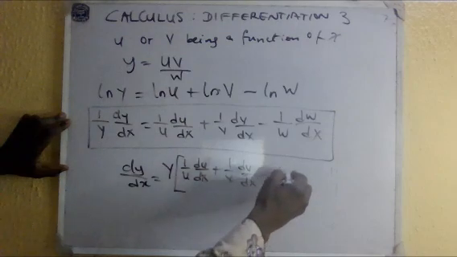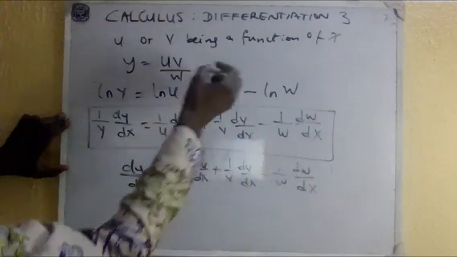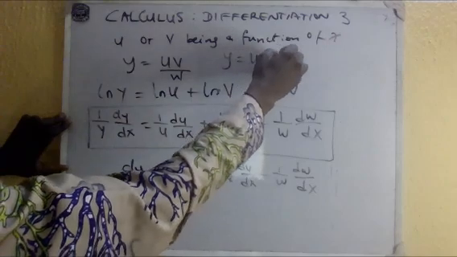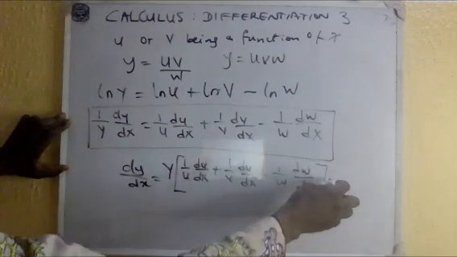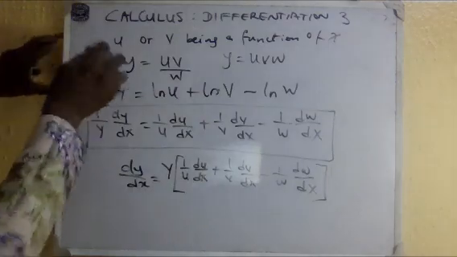This will change if it was y is equals to uvw, all functions of x. This will now become plus. So this is what it will look like. So we're going to quickly hop into a practical example where we will be solving using logarithmic differentiation.